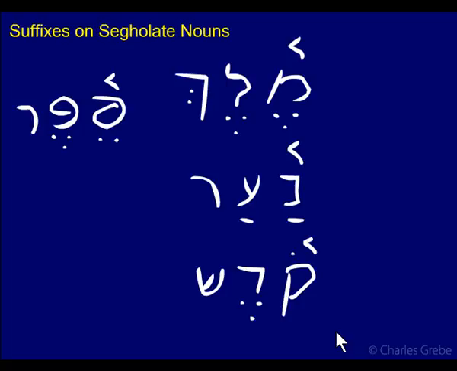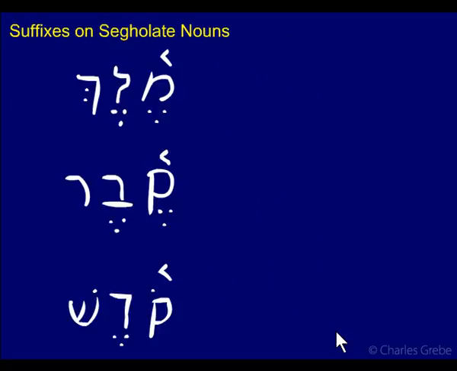Now, what I meant by that was that Segholates actually come from different types of nouns, but they've all kind of condensed down into this basic form. And it's when you put it in construct or add a suffix that you see the original vowel again. So, for instance, here we have three Segholates: melech, king, and kever, which is grave, and kodesh, holiness, the noun holiness.